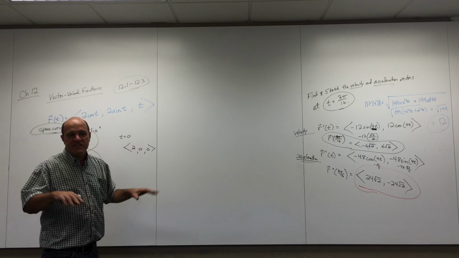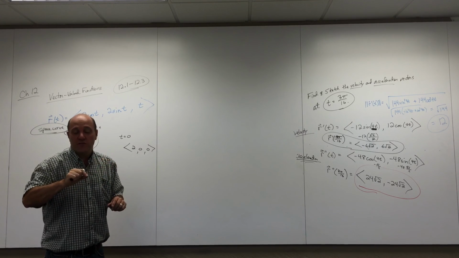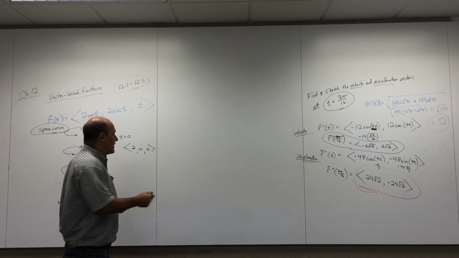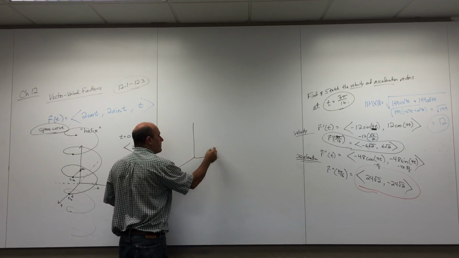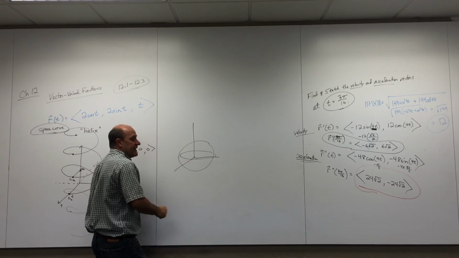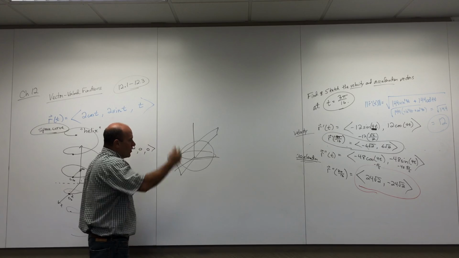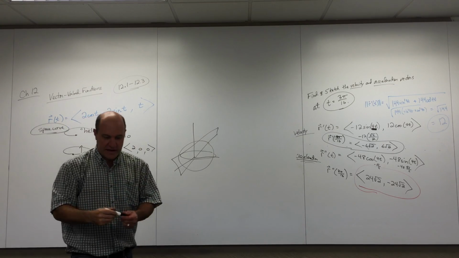When two surfaces intersect, they form a curve, a space curve. Like if I had a sphere, and I cut it with a plane, where does the sphere and the plane intersect each other?